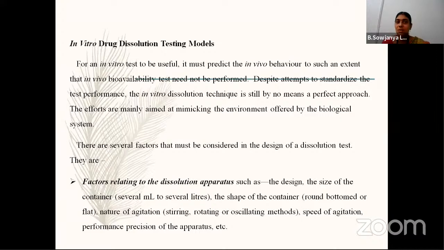This in vitro dissolution testing model gives 85% of the drug release. So how much is released can easily be determined with this method. Based on that, you have the chance to assess bioavailability and bioequivalence studies, so in vitro dissolution testing is a most important part in the evaluation of tablets.